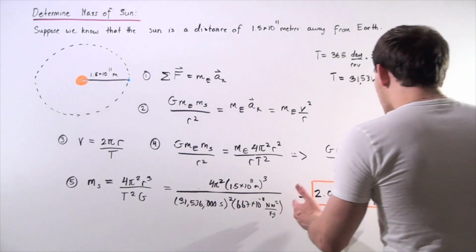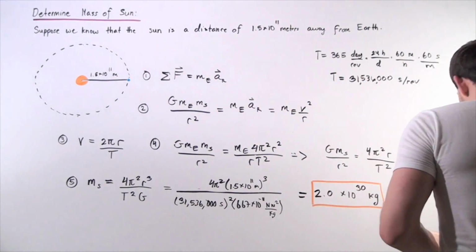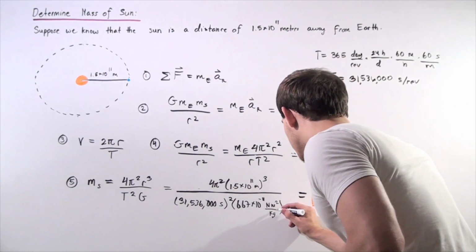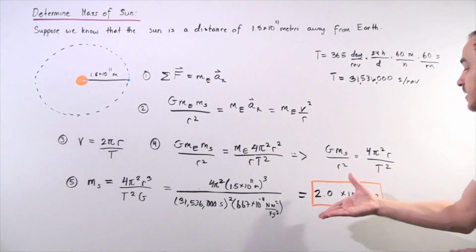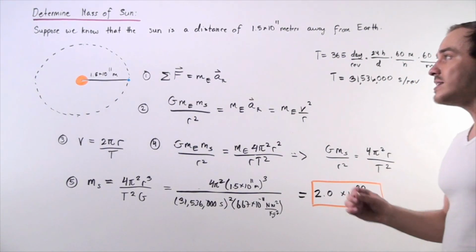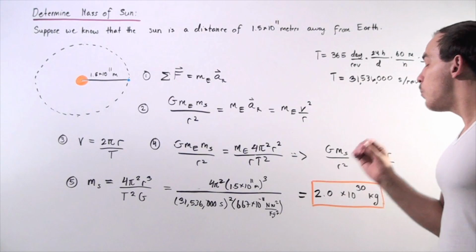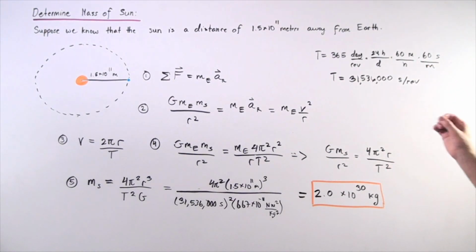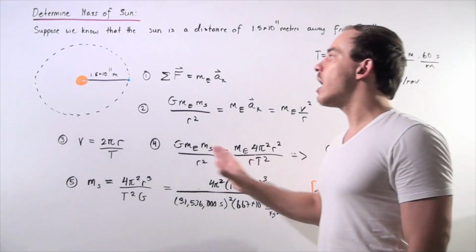And we're left with the following value. So this should be squared on the bottom. So we're left with the following value: approximately 2.0 times 10 to the 30 kilograms is the mass of the sun.